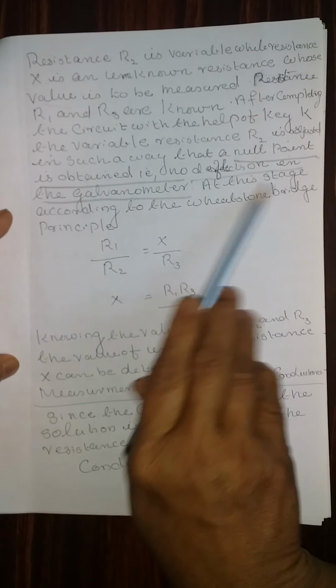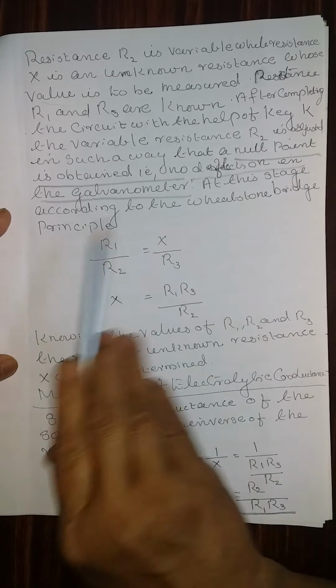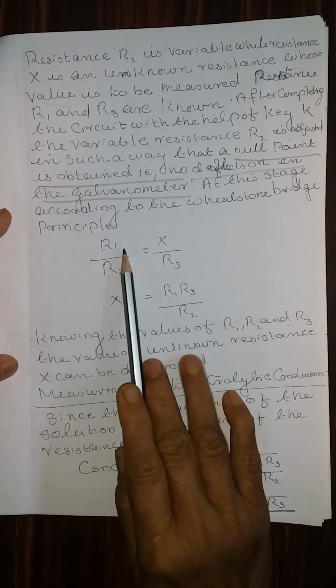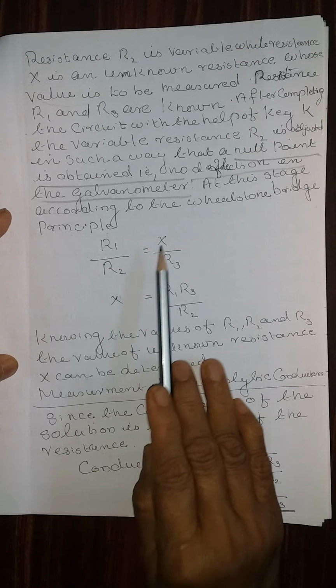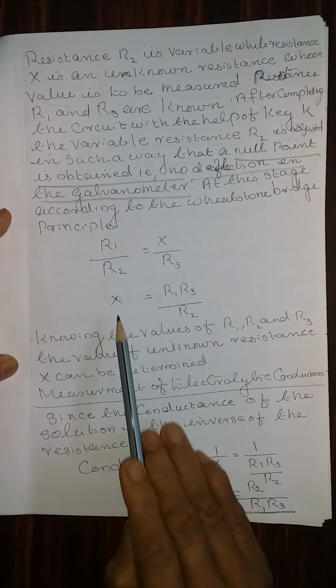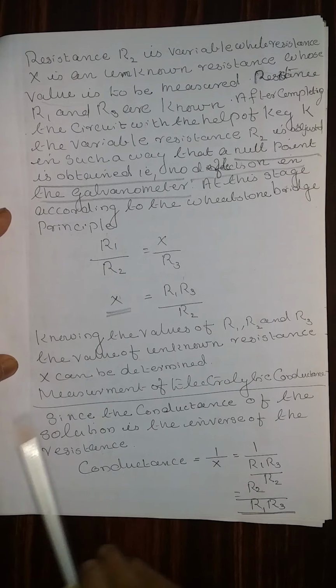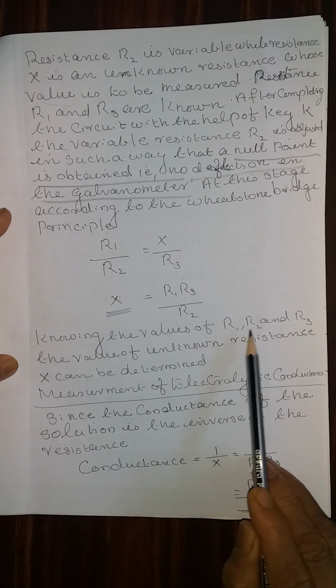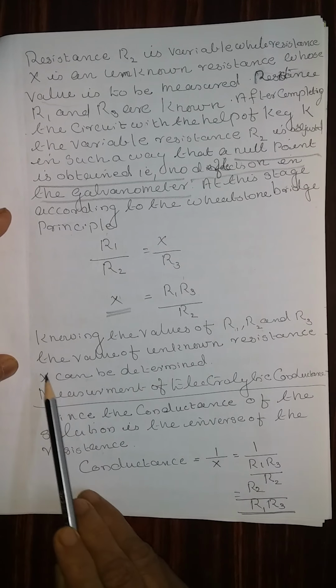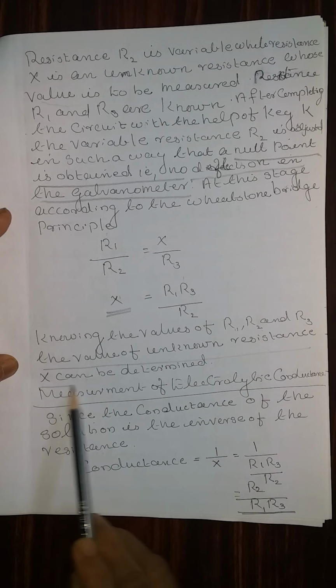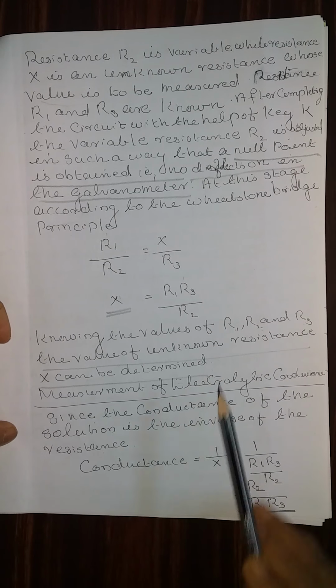At this stage, according to the Wheatstone's bridge principle, R1 by R2 is equal to X by R3. Therefore, X can be calculated. Knowing the values of R1, R2 and R3, the value of the unknown resistance X can be determined.